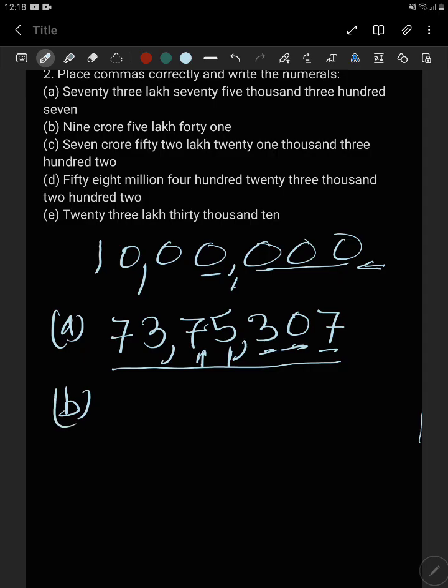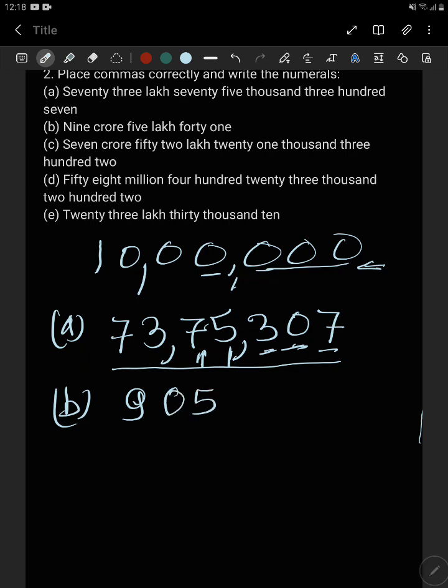For question B, it is 9 crore 5 lakh and 41. First of all we write 9 crore. Then it is 5 lakh, so after crore it comes 5, but in lakh there is 10 lakh also, so in place of 10 there is nothing, so we'll write 0 and then 5.